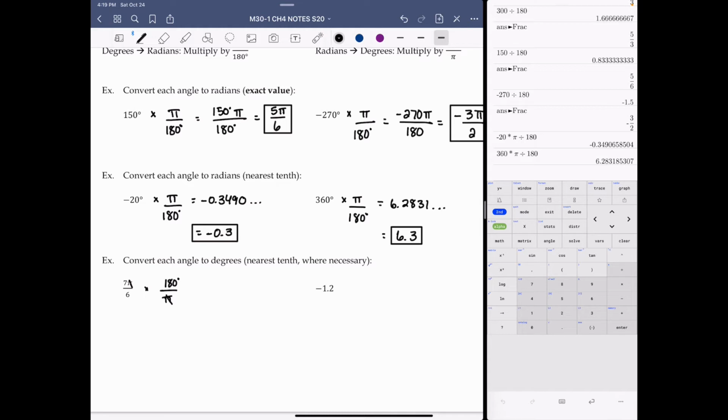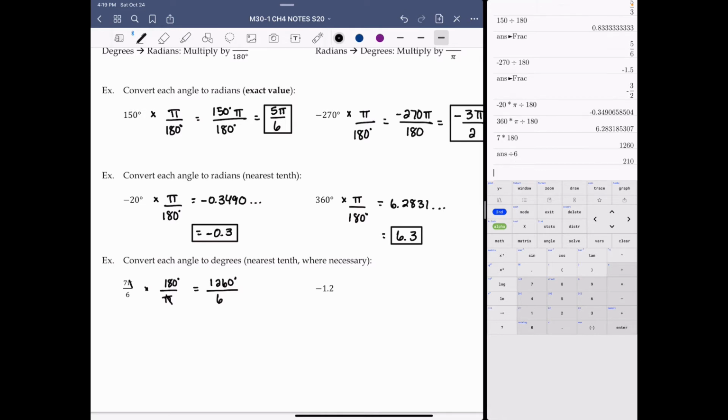Then we have 7 times 180, which is 1260 degrees over 6. 1260 divided by 6 is 210. So it equals 210 degrees, and I need to put the degree symbol, otherwise I would be saying 210 radians.